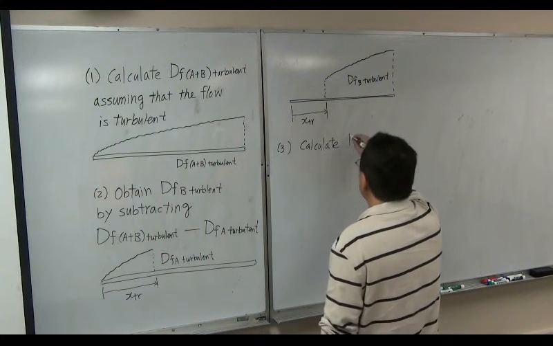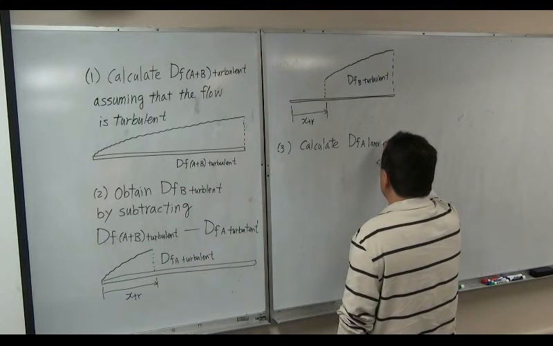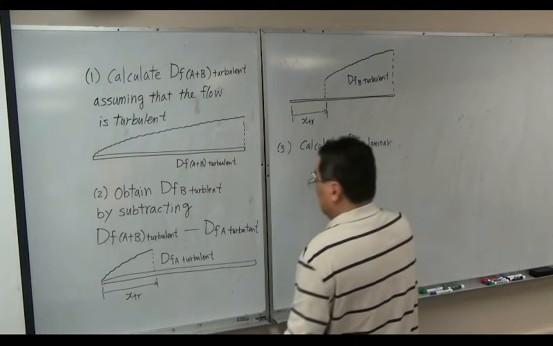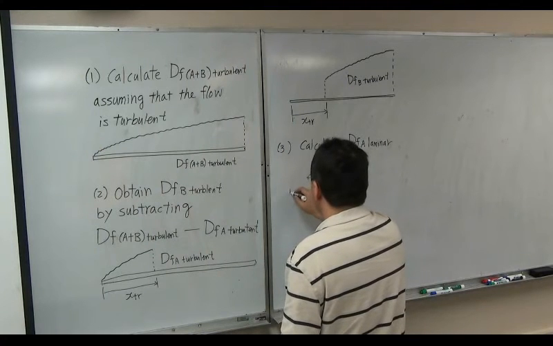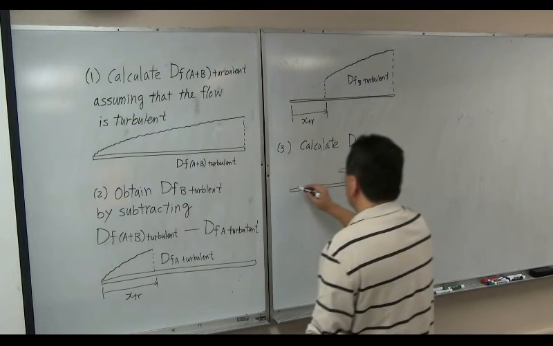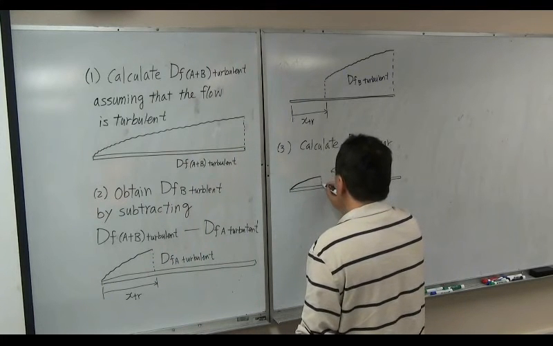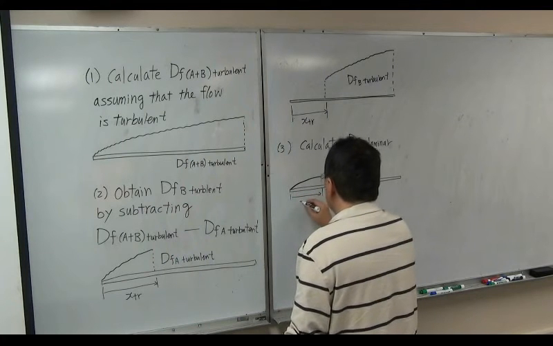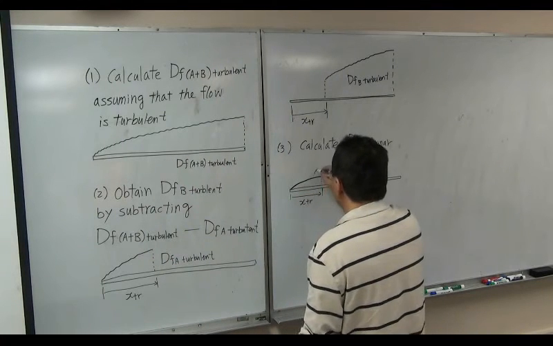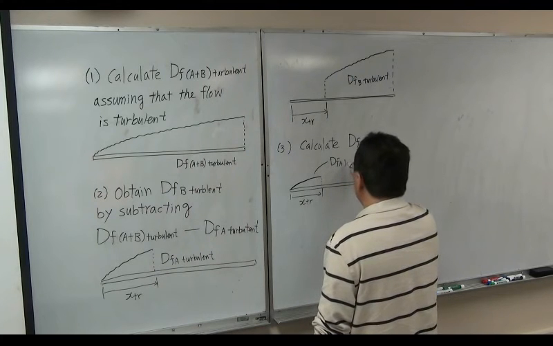Calculate skin friction drag of area A if the flow is laminar, which is this. This is a transition point, XTR. This is a flow laminar. So this is called DFA laminar.